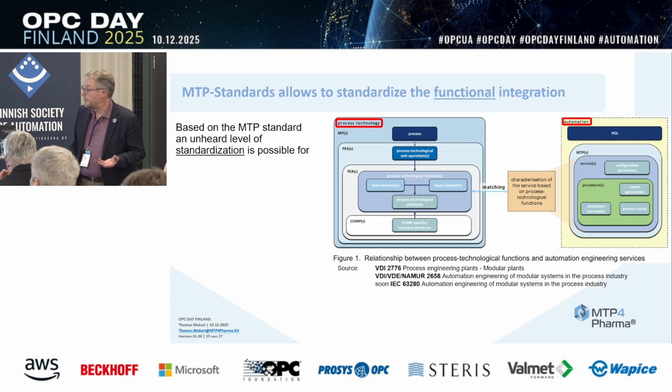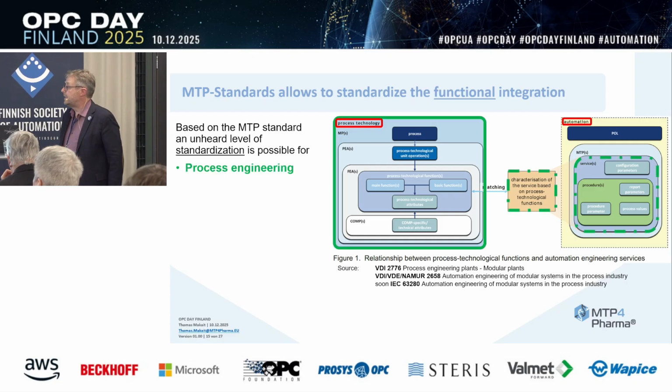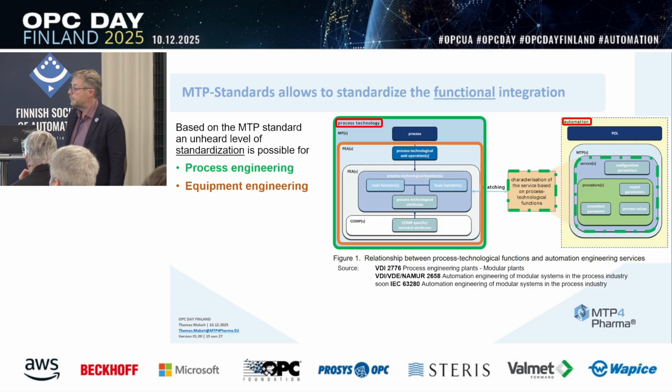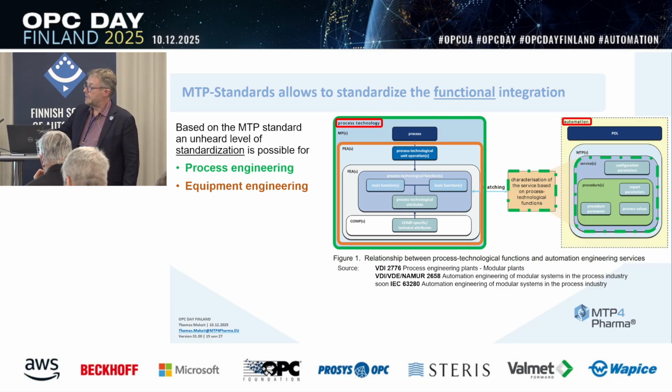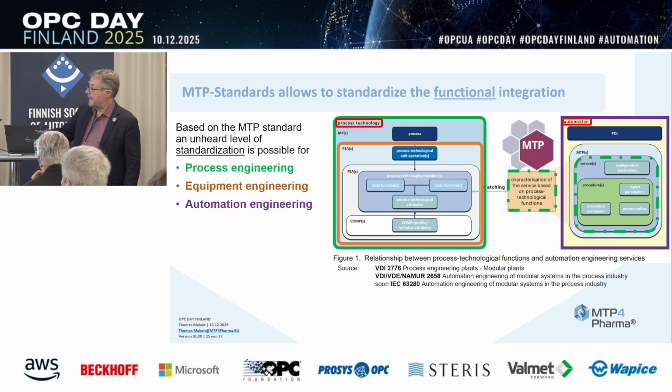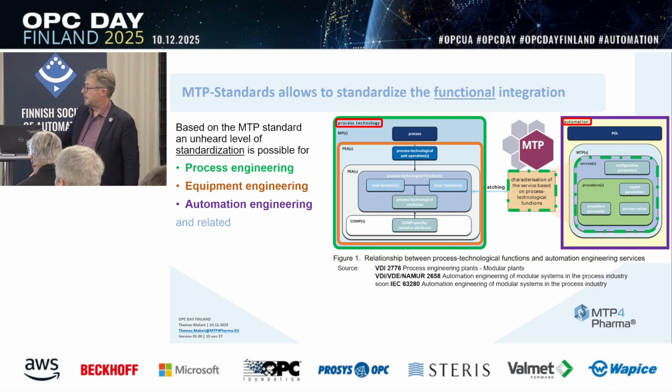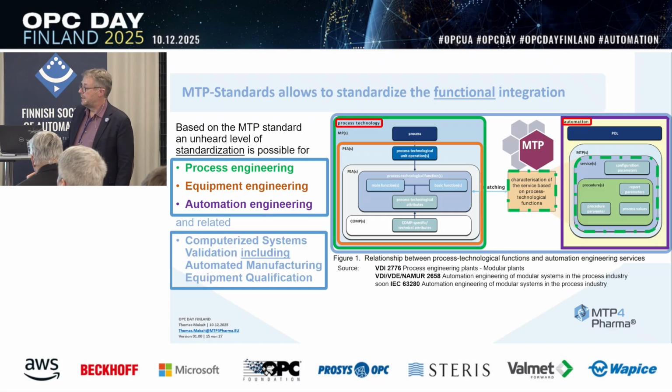So the engineering of the plant and the automation that needs to be integrated: process engineering, equipment engineering of the PEA, process equipment assembly, which is compiled of functional equipment assemblies, which consist of components, and the automation engineering. All three together are defined, and the results are defined in the MTP file.